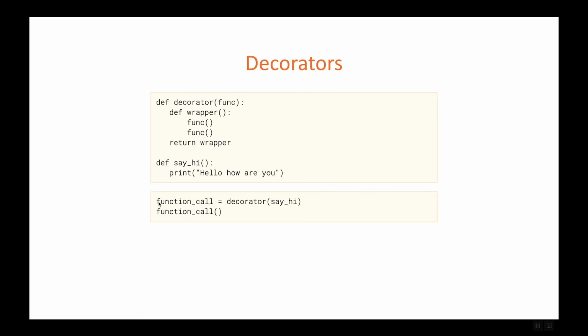Now, how do we call this function? Well, we can say function call equals decorator say hi. So what I'm doing here is having the variable function call hold the result of this decorator say hi function, which will be the wrapper. So when I execute the wrapper here, it's going to call my function twice.